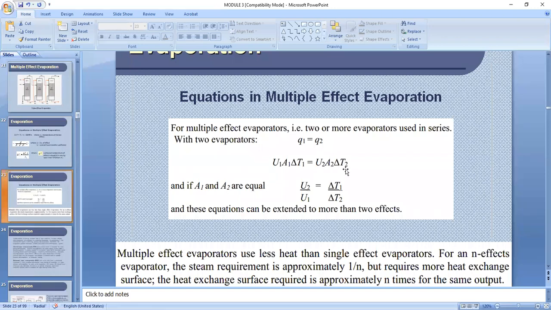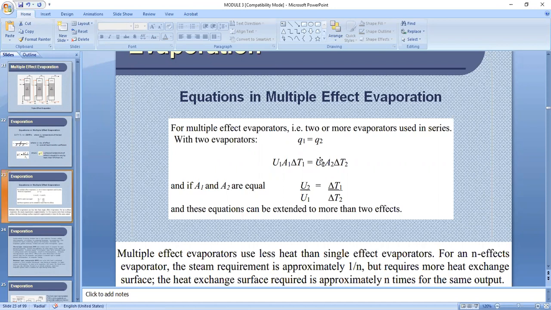Now, if the areas are equal, if our evaporators are identical, which is often the case, that is why when you are asked to determine the heat transfer area for a multiple effect evaporator system, the answer that you give is the mean of each of the areas.